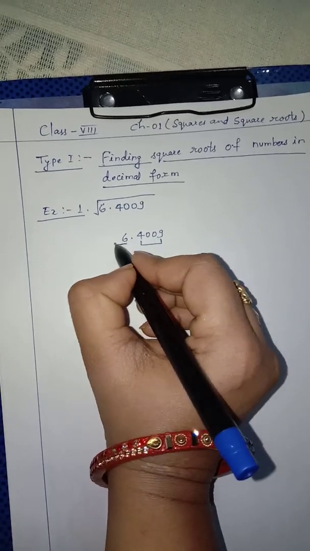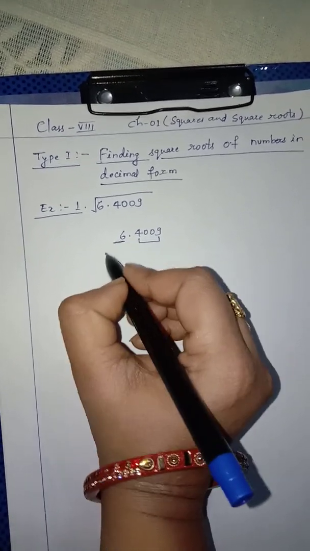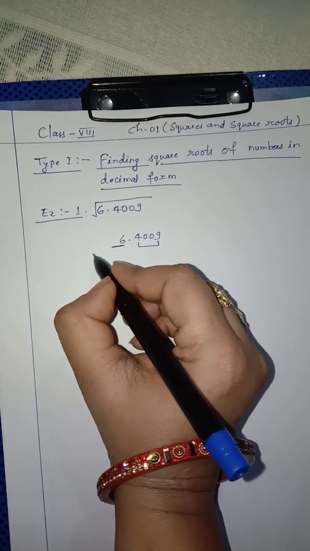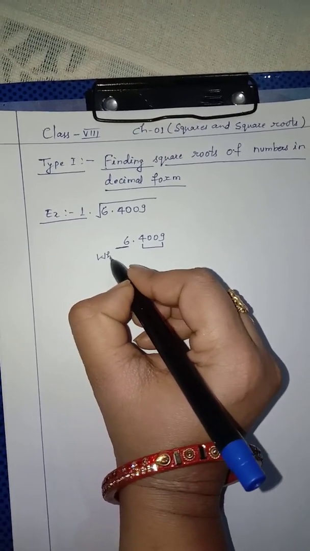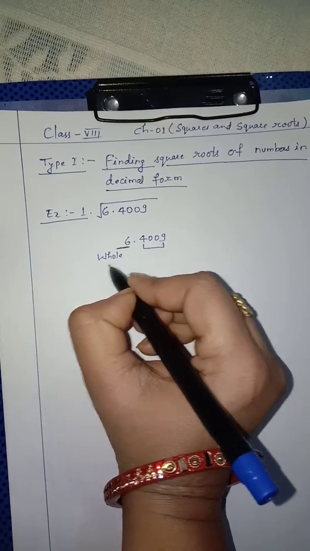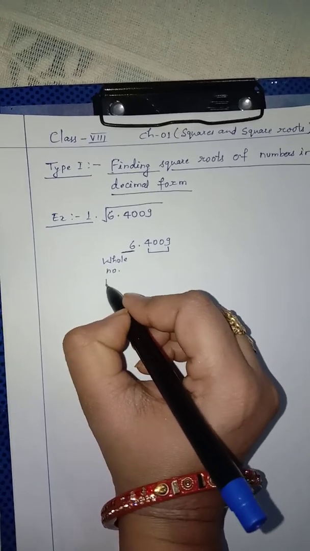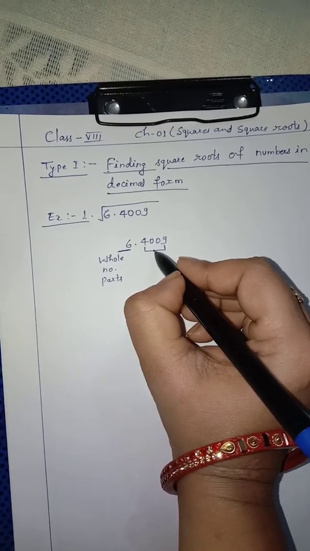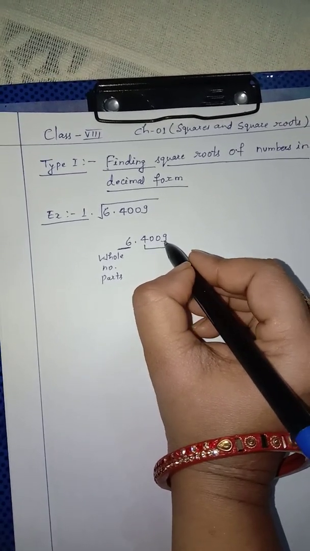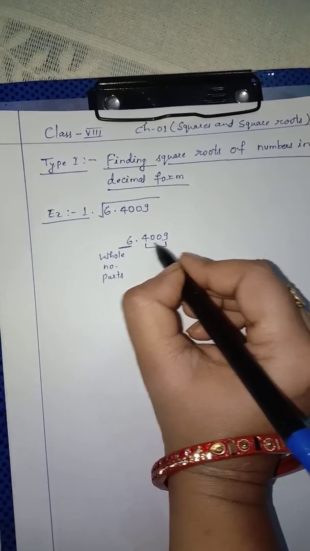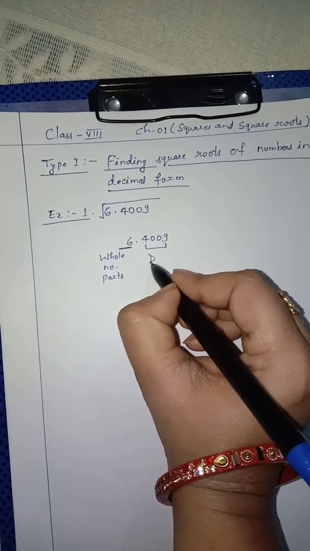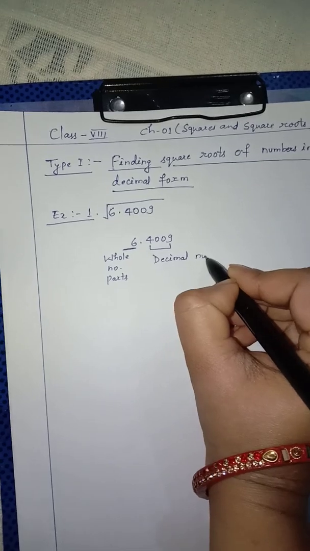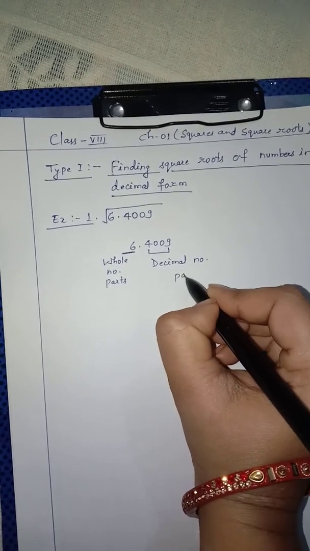The first part, before the decimal, is known as the whole number part, and after the decimal, the digits are known as the decimal number part.